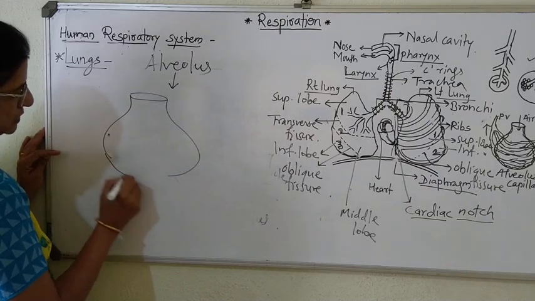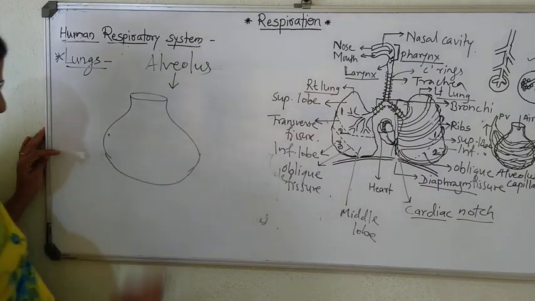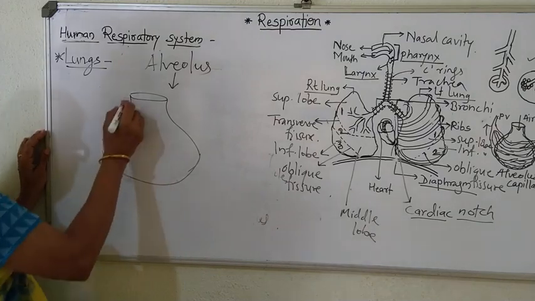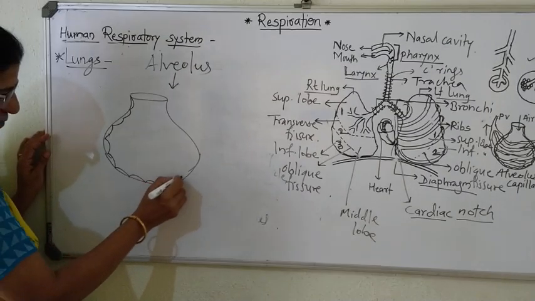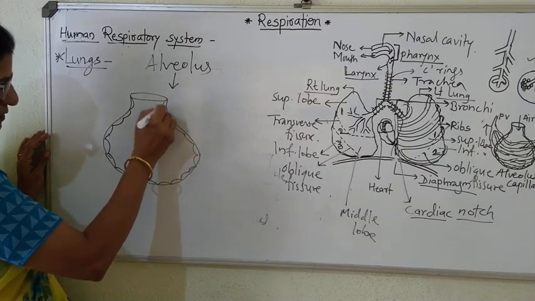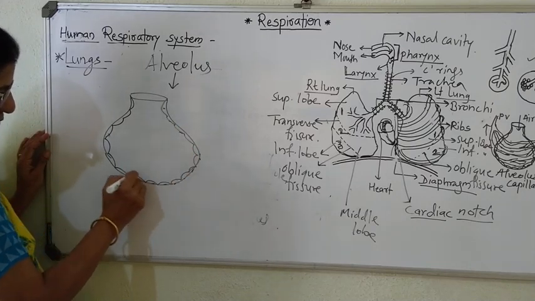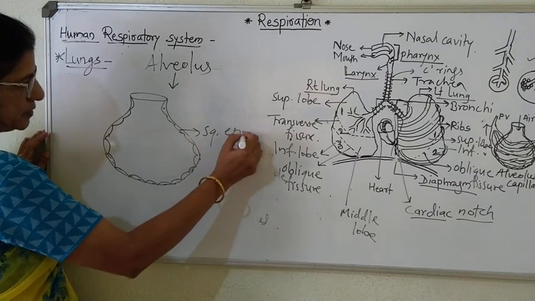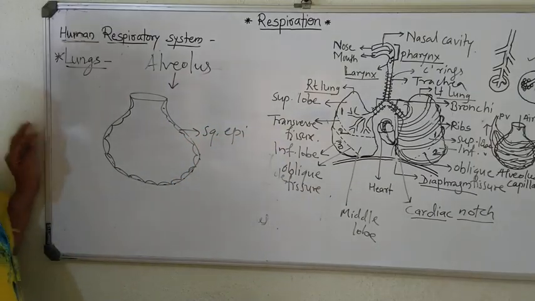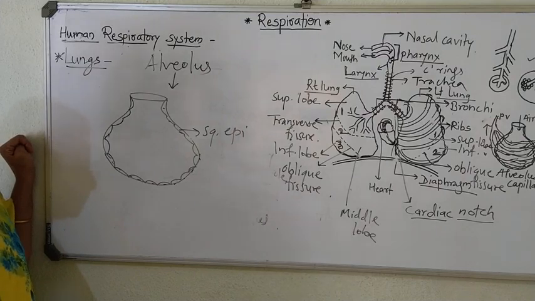This alveolus is a very thin air bag lined by a single layer of squamous epithelium. So this is squamous epithelium. Remember the structure of the alveolus, because depending upon that we have to study the mechanism of respiration.